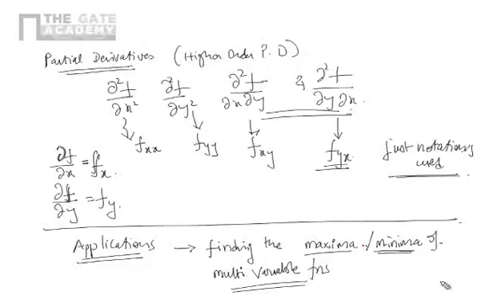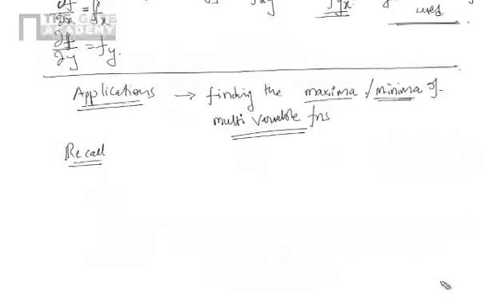There are some conditions for that. So let us recall quickly. We can recall what we did for single variable functions. Single variable function, what we did, we can quickly recall.